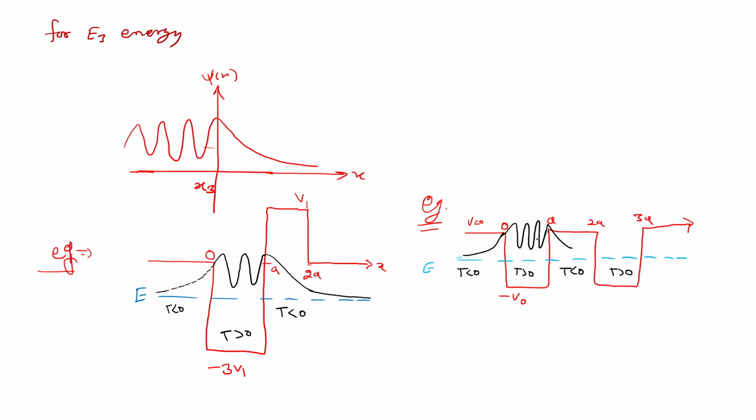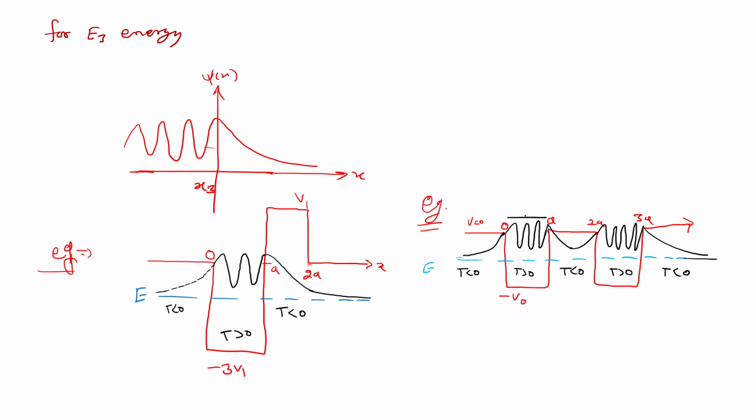So on this side and this side, you can't have it go to 0 and then go up again. It is oscillatory in nature, so exponential decay, then a little exponential growth, and then again oscillatory nature of the wave function. And then after this point 3A, kinetic energy is negative. So this will keep decaying like this.